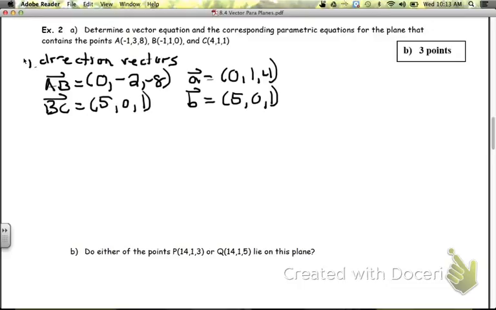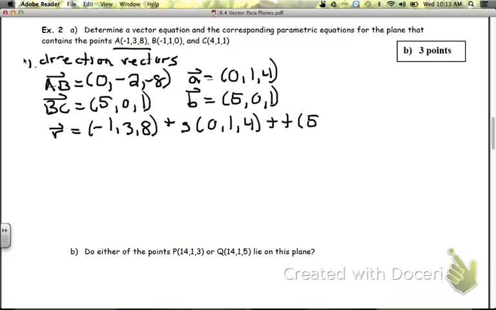We take our point A as our point, and then our vectors a and b are as you can see. So we have our vector equation equal to negative 1, 3, 8 plus s times 0, 1, 4 plus t times 5, 0, 1.